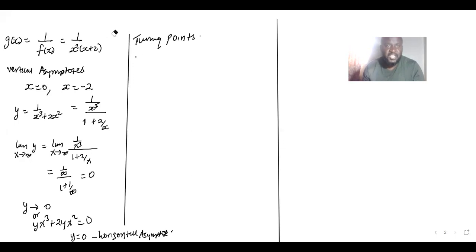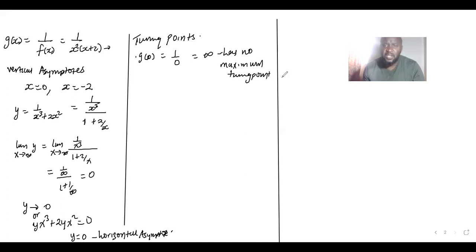But before I can check that, remember the other one was 0, 0. So because it was 0, 0, when you substitute 0, 0 here, you'll get 1 over infinity. So g of 0 will give us 1 over 0, which is infinity. So it has no maximum turning point. Why am I calling it a maximum turning point?